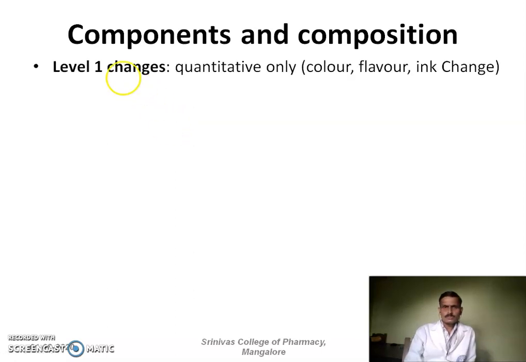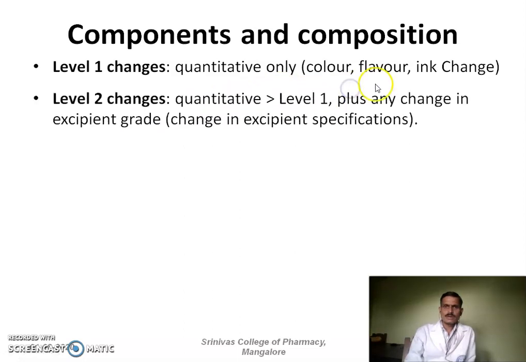So the changes you can divide into three levels. Level 1 changes, that is quantitative only, that is color, flavor, ink change, very minor change. Level 2 changes, that is moderate, is quantitative, that is greater than level 1, plus any change in the excipient grade, change in the excipient specifications, like from IP to USP, or any change of vendor.